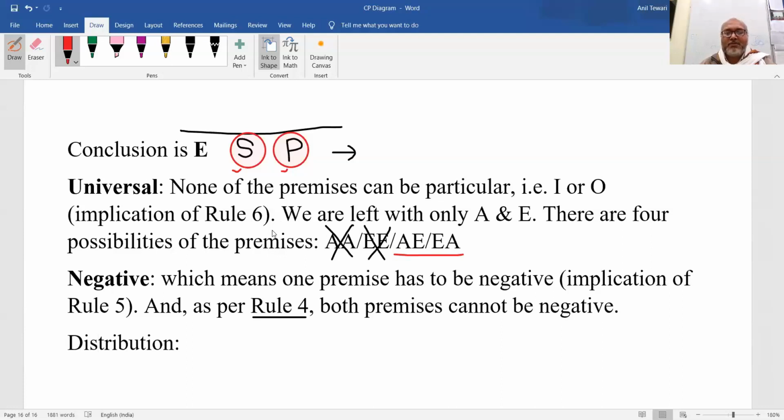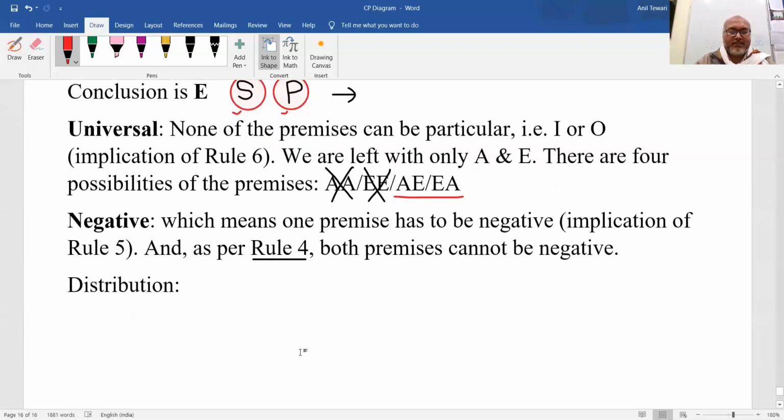All right, which means we are looking for distribution of major, minor, and middle. So we are looking for 3 distributions. 3 terms must be distributed by the premises.